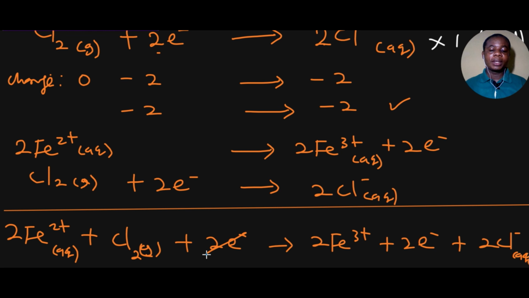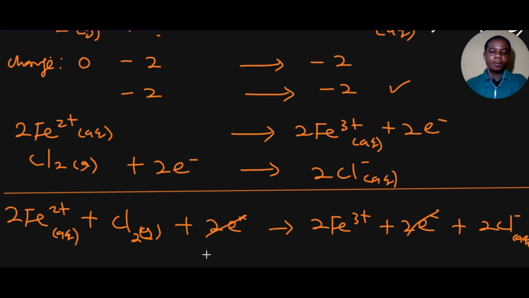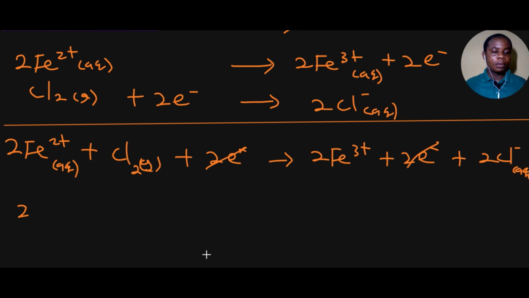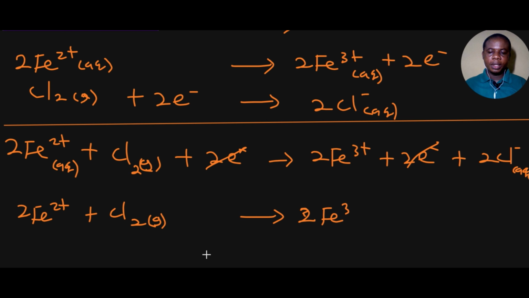Then the electrons will cancel out. This cancels this. Then you'll be left with 2Fe2+ plus Cl2 gas to give 2Fe3+ plus 2Cl-. This is aqueous, this is aqueous. So the equation is balanced.